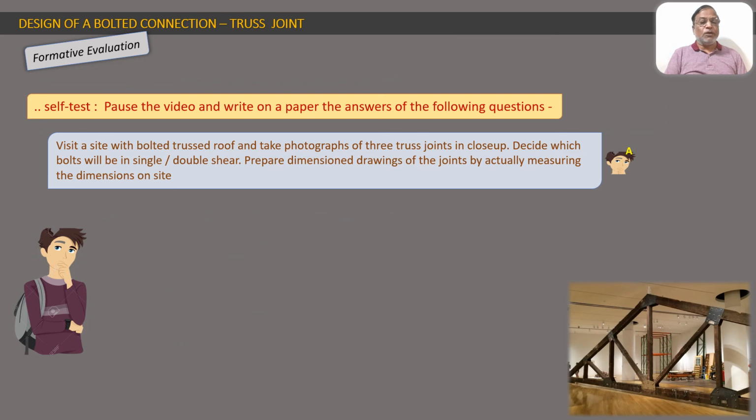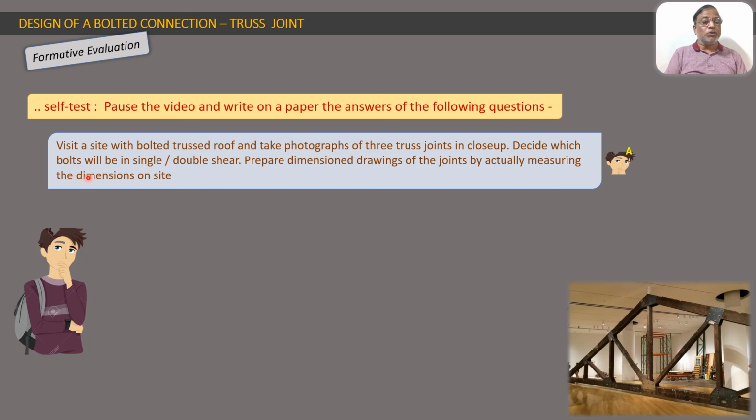Now before we conclude, as usual, we will have a formative evaluation self-test. So pause the video and write on a paper the answer of the following question. The question asked here is an application level question and it is a field visit oriented question. Visit a site with bolted truss roof and take photographs of 3 truss joints in close-up.